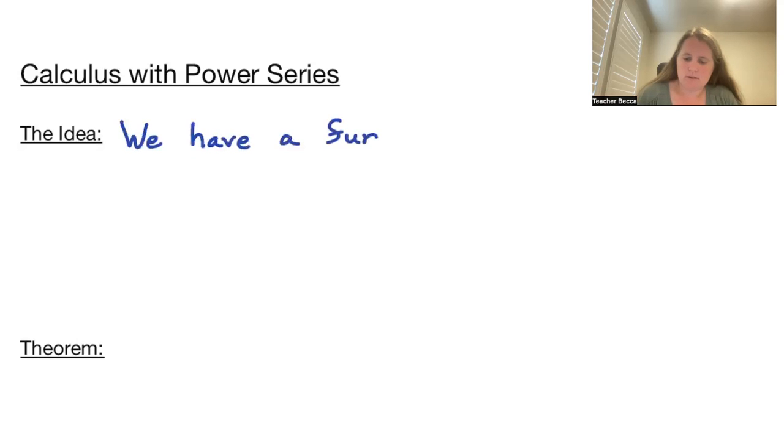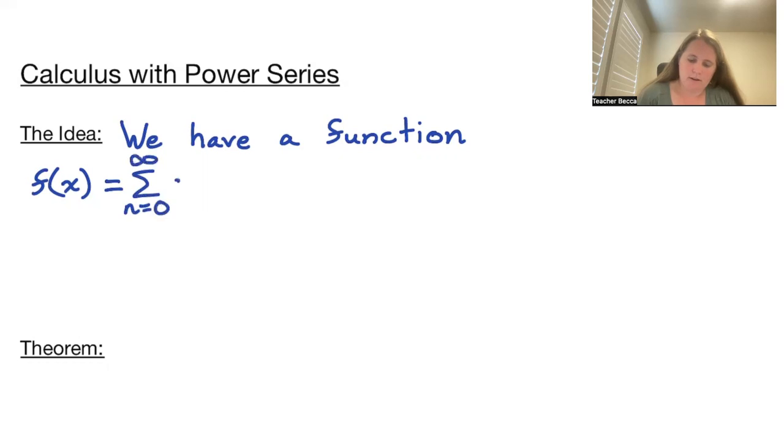Welcome to Calculus with Power series. So the idea here is basically we have a series. We essentially have a function, right? So we have a function f of x equals the sum from n equals 0 to infinity of a sub n times x minus c raised to the n, which we know exists in its radius of convergence, right?